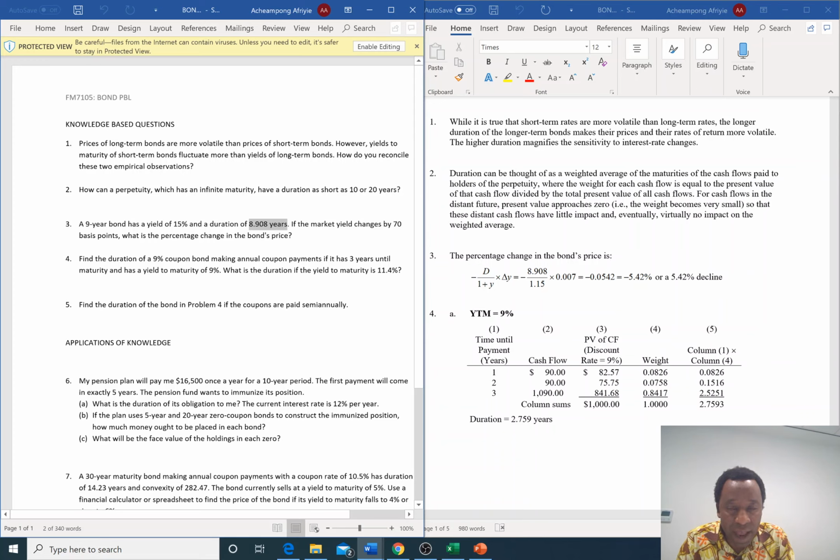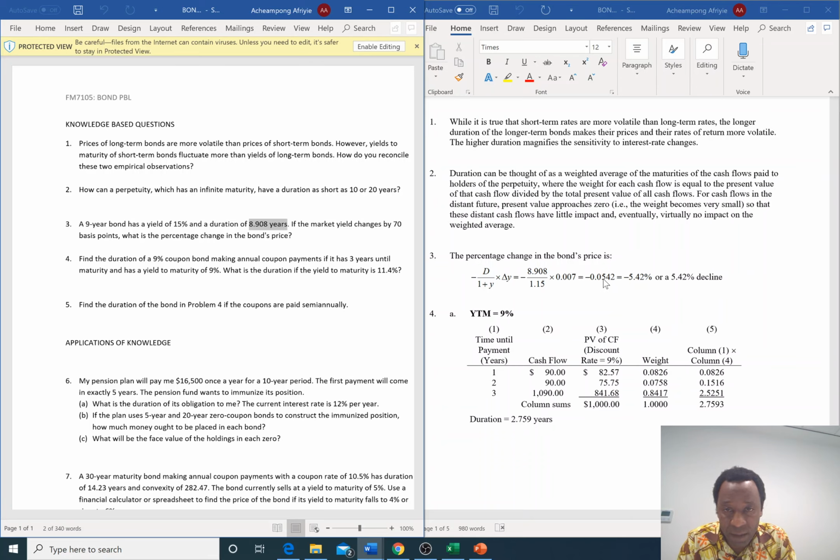Basis points are units of 1%. So we will have to divide 7 by 1,000 to get the decimal value of your basis points. And when you multiply that through, you can see there's a negative 0.0542.